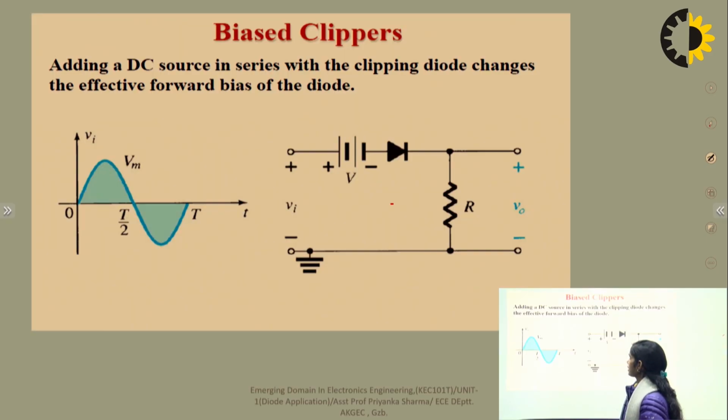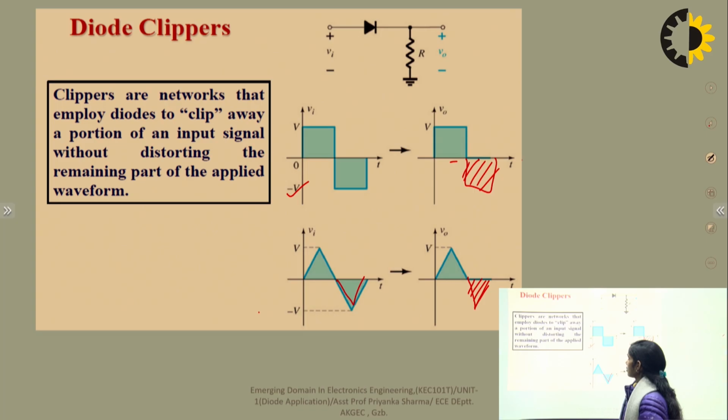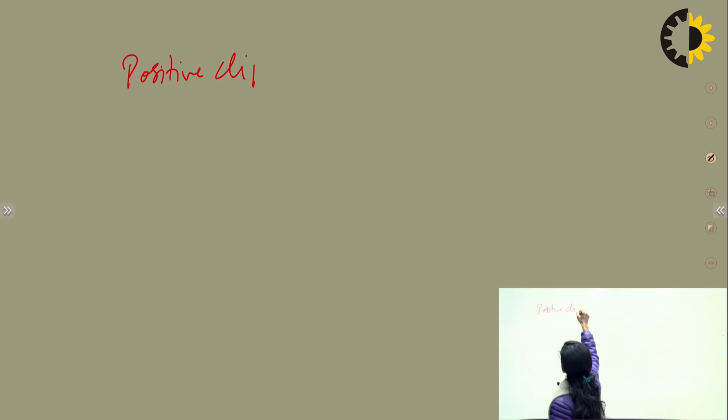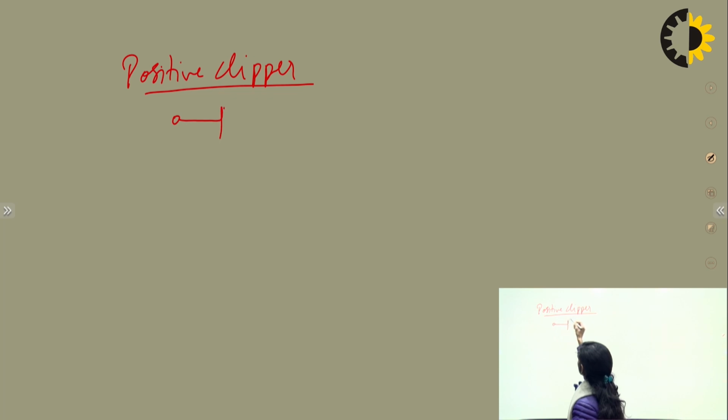Diode clipper circuits are basically of two types, series clipper and parallel clipper. First, we start with the positive clipper, which has a very basic circuit. This is the series clipper.